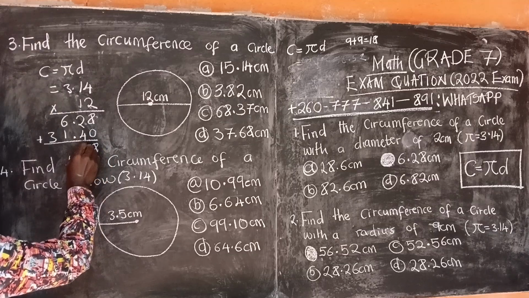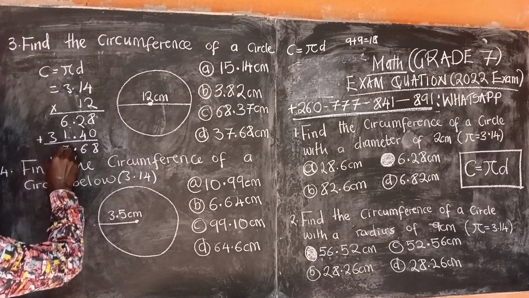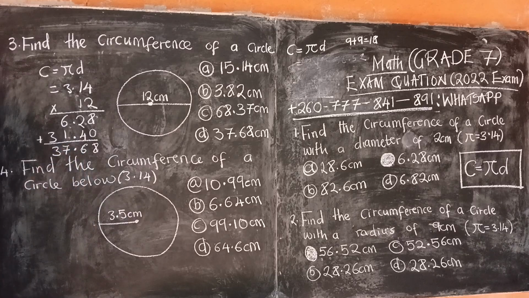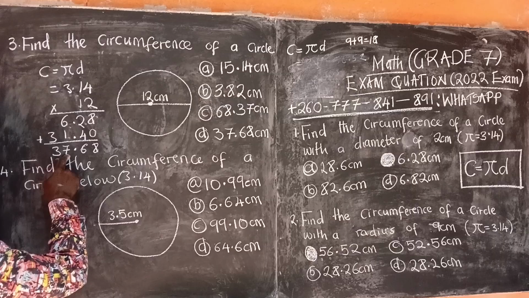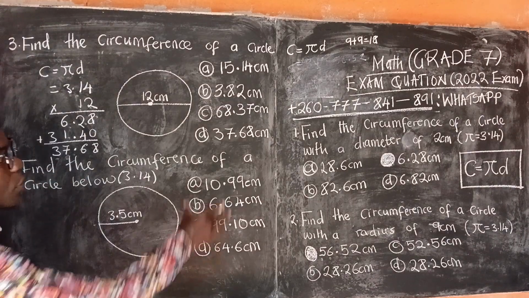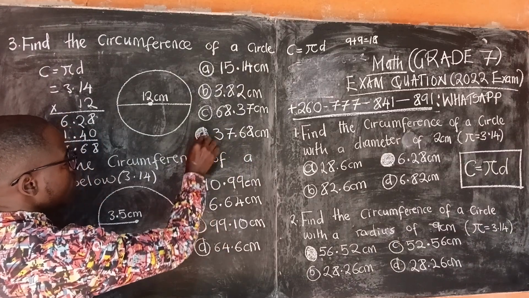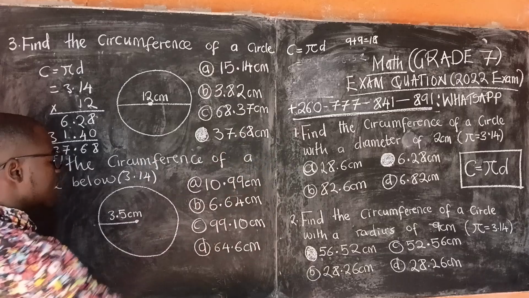This plus this, it is 6. 1 plus 6, the answer is 7. Then like that, the answer is 37.68. Okay, so this is our very answer we are going to have. So that is the way you answer this kind of question.